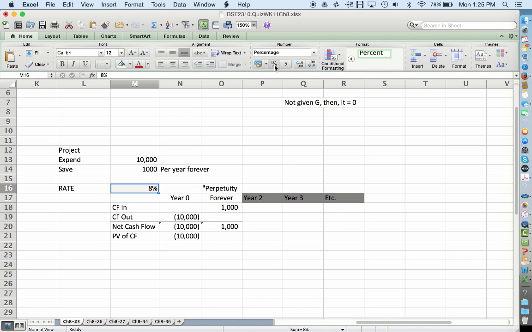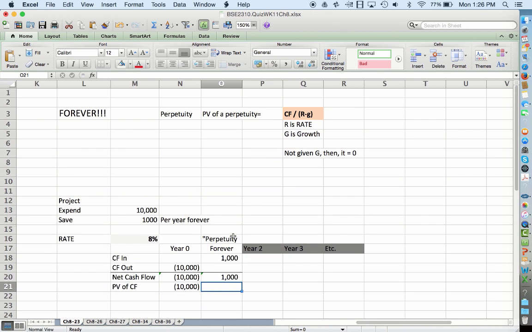So here I'm going to use that formula. So I'm going to do equals the cash flow. I'm going to select the cell where the net cash flow is, and I'm going to divide it by the rate. And I don't have a G, I don't have growth, so it's just going to be that number. And that gives me the present value of the perpetuity. 12,500.